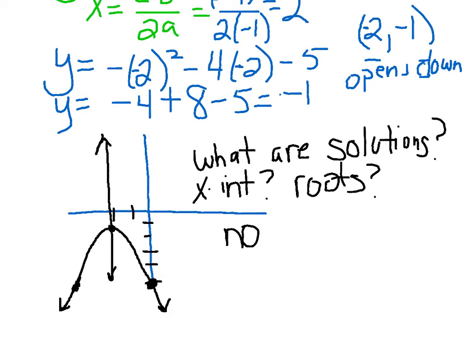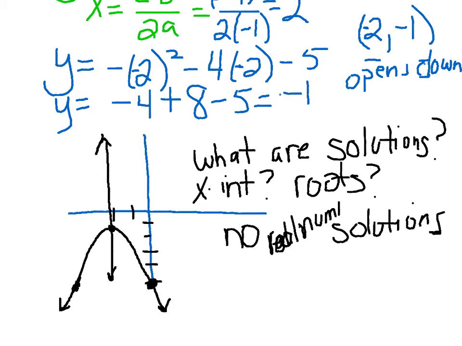So there are no solutions. Now again, that's kind of a simplistic way to answer that, because we could better say there are no real number solutions to this. There's nothing that I could put in for x that would make y 0. So, okay, that's quadratics in standard form.